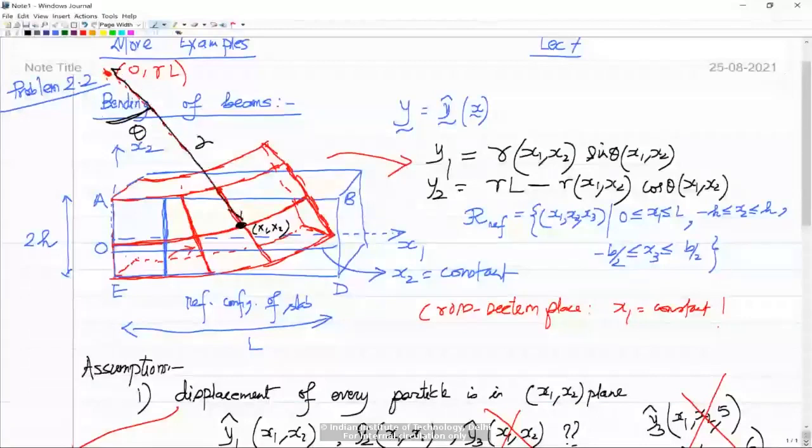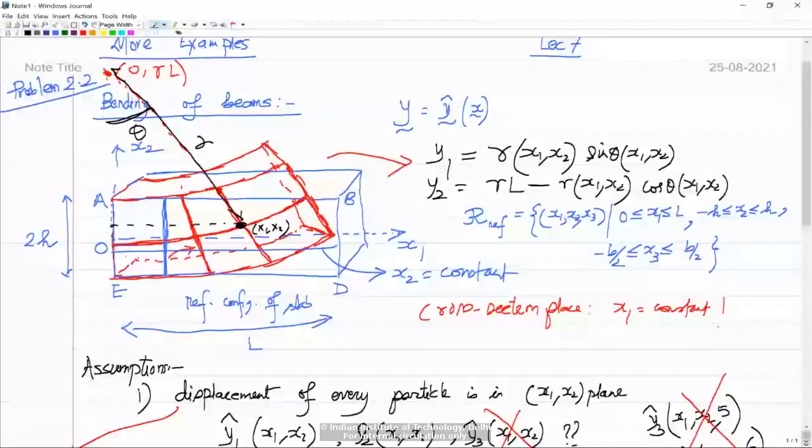Bending into a circle, no? So there must be a radius and a theta for each point x1, x2. And that's what we just wrote down. Once we know r and theta, the deformed coordinates can be easily found out.